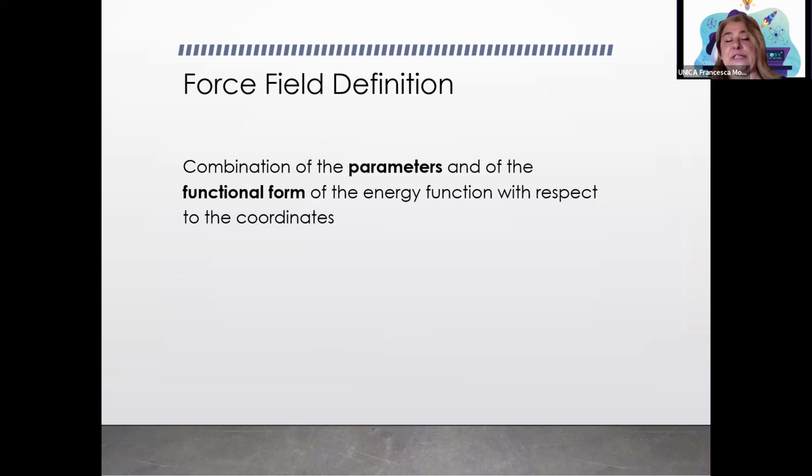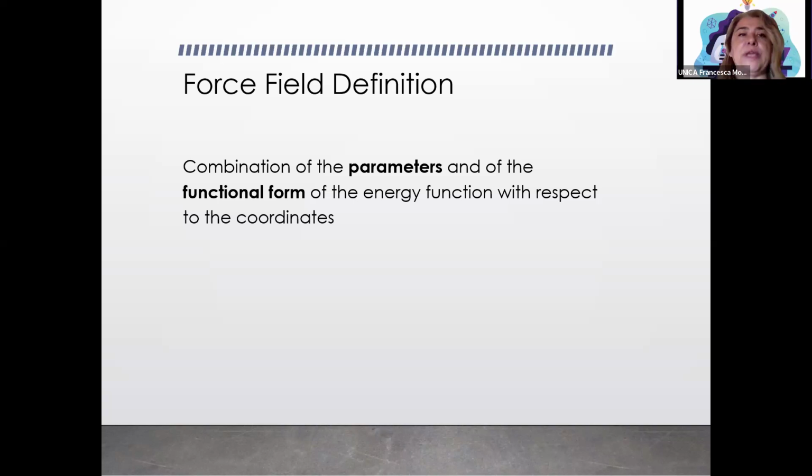By force field, what do we mean? We mean a combination of a functional form of an equation that expresses the energy function with respect to the coordinates. And importantly, the force field is not only defined by the form of the terms that we use in the expression, but also by the set of parameters that we use together with the functional form.